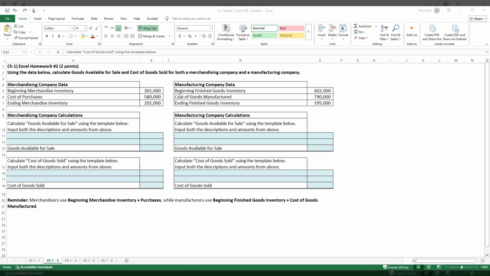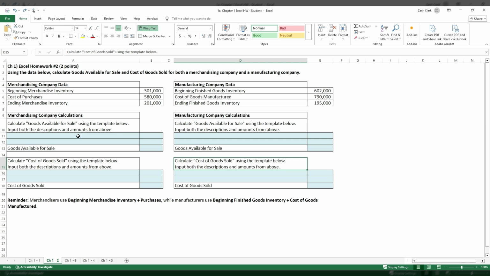A few key differences here to look at and talk about. We've got merchandise inventory instead of finished goods inventory, and cost of purchases versus cost of goods manufactured. So here we're purchasing, here we're manufacturing. And then we've got ending merchandise inventory, and just like we did with beginning, ending finished goods inventory.